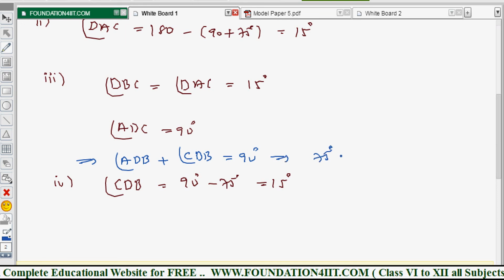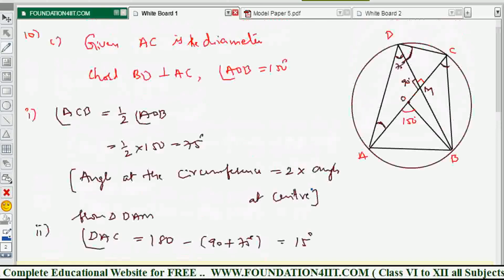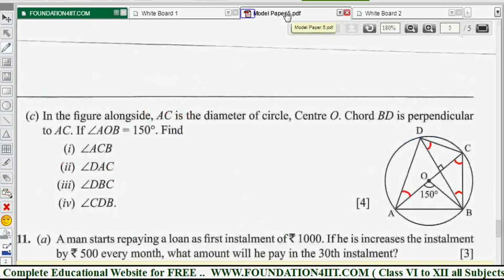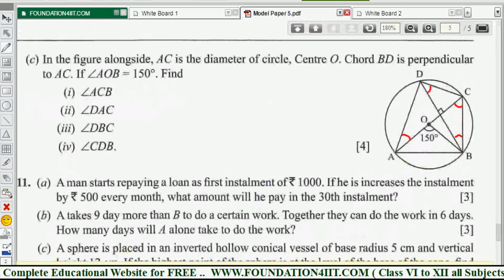From this 75 degrees plus CDB is equal to 90. Then from that CDB is equal to 90 minus 75, that is equal to 15 degrees, because the angle of the semicircle is 90 degrees. So that will only apply for this. Angle of the semicircle is 90 degrees. These are the angles. Now let us see the next question and solve those problems.